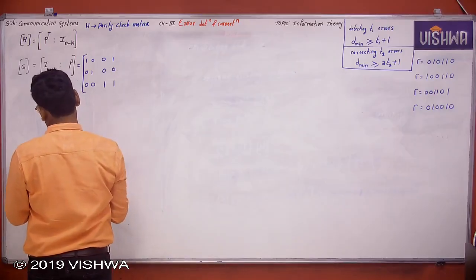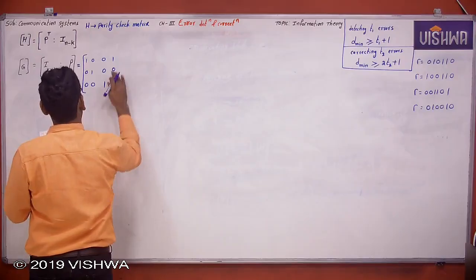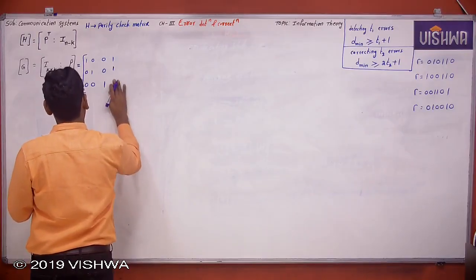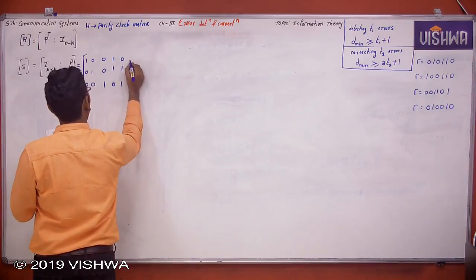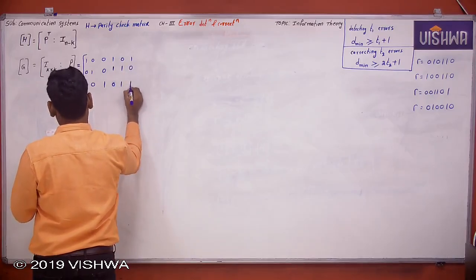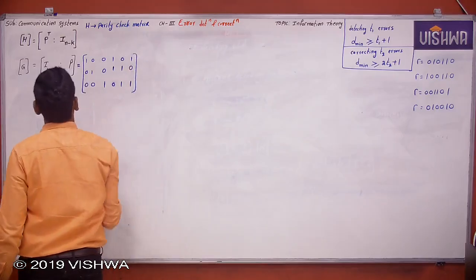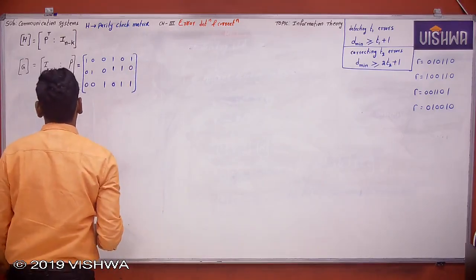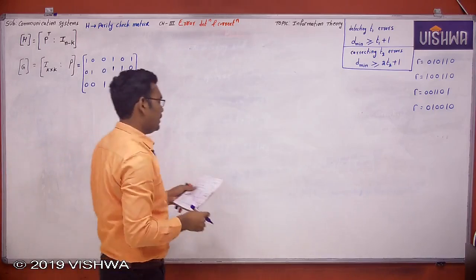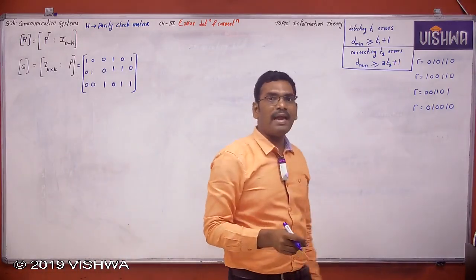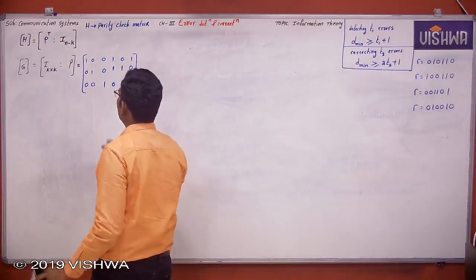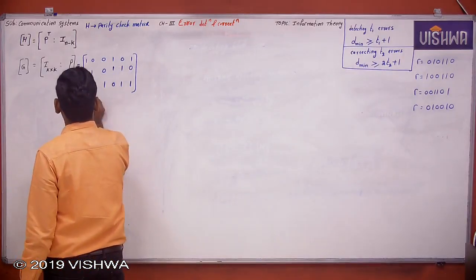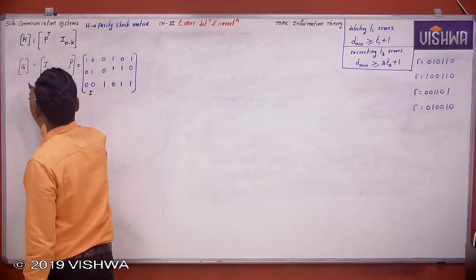This is the generation matrix which is given, and he is asking us to determine the parity check matrix. The first part is I_K, and this is a 6,3 block code, meaning (n,k).